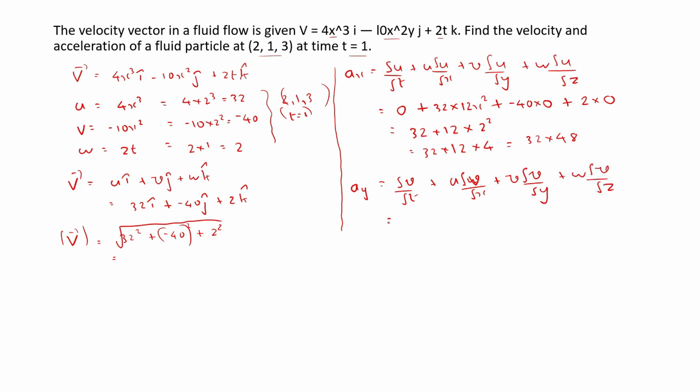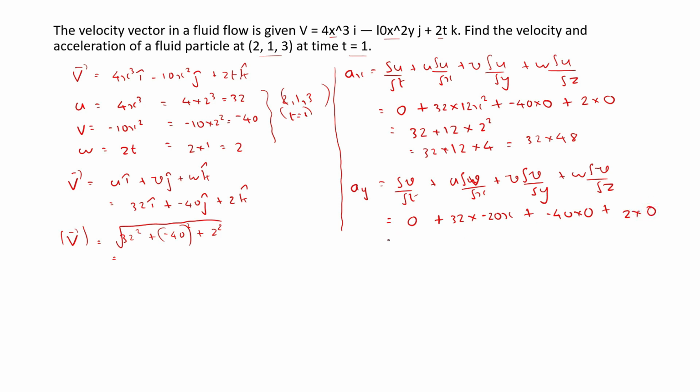So dou v by dou t is 0, u is 32, and dou v by dou x of minus 10x square is equal to minus 20x, plus v, which is minus 40, into dou v by dou y is 0, and w is 2, and dou v by dou z is 0.